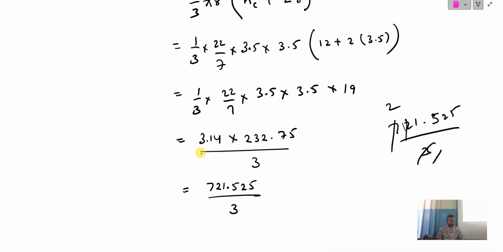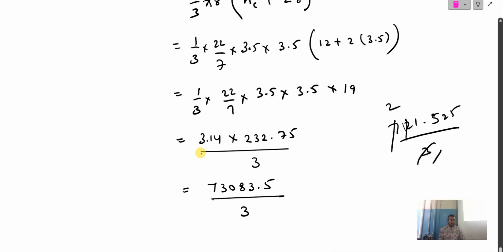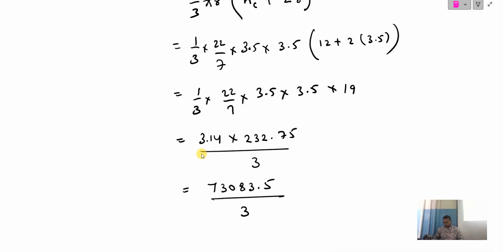3.14 into 3.5 into 3.5 into 19 is 730.835. 730.835 divided by 3 is 243.61.